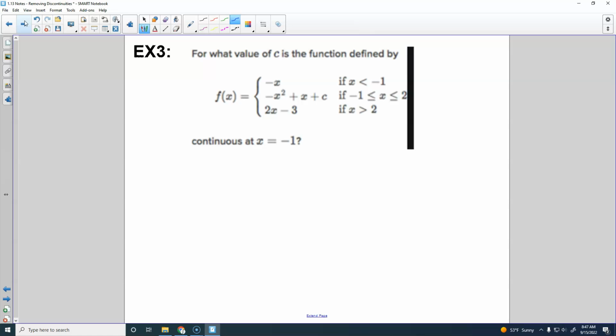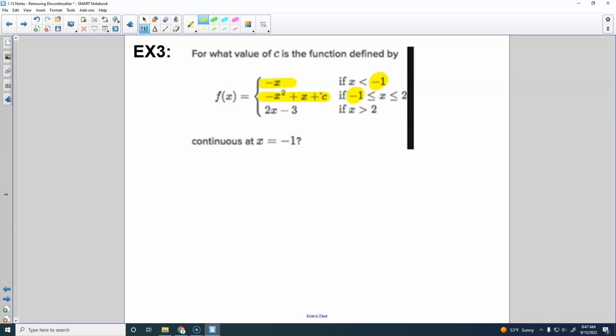All right, so it says for what value of c is the function defined by this equation continuous at x equals negative 1? So this is only asking us to make this function continuous at the point x equals negative 1. So we only care about the two functions that come together at negative 1.